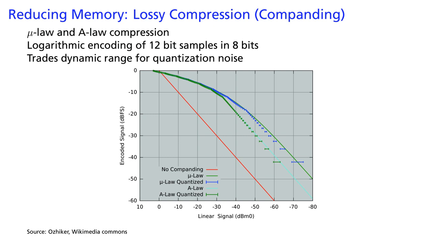And what this does is each 8-bit sample is actually projected up to 12 bits worth of dynamic range. The difference between quiet and loud is larger. However, you trade that for more quantization noise. Now, it turns out this is a reasonable trade-off, and this was another trick that was employed by the telephone systems for many years. And so if you look up mu-law or A-law compression, you can see the algorithms for doing this. And this is what this diagram is all about.